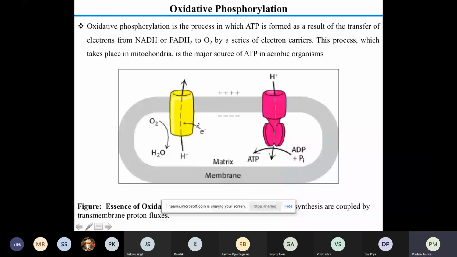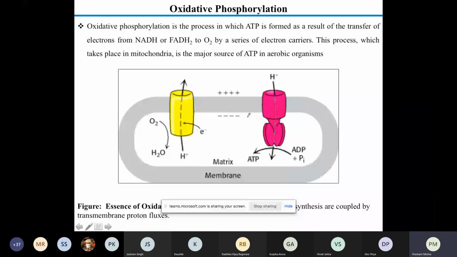Now, your question may be that if I uncouple it, suppose I allow all the proton to leak out of the mitochondria, will this process happen? Answer is no. If we decouple mitochondrial electron transport with the phosphorylation process, this will not happen. Suppose I block the synthesis of ATP here, that will not happen.